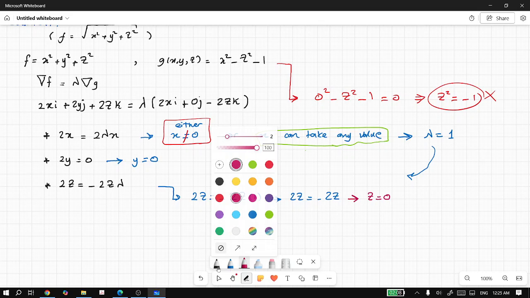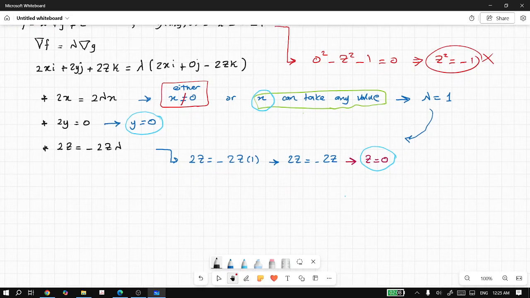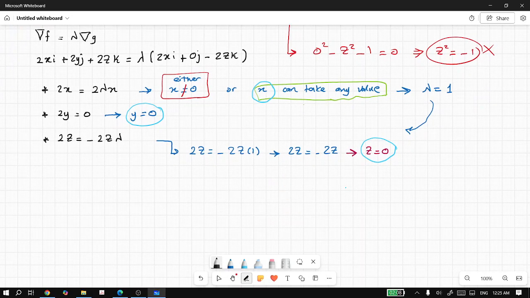So now we know that y is equal to 0, z is equal to 0, and x can take any value. The point that we have is (x, 0, 0), subject to the condition that x squared minus z squared minus 1 is equal to 0.